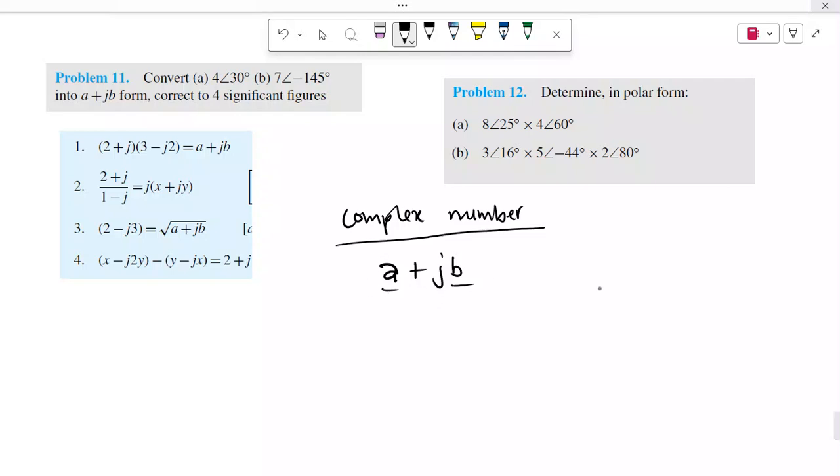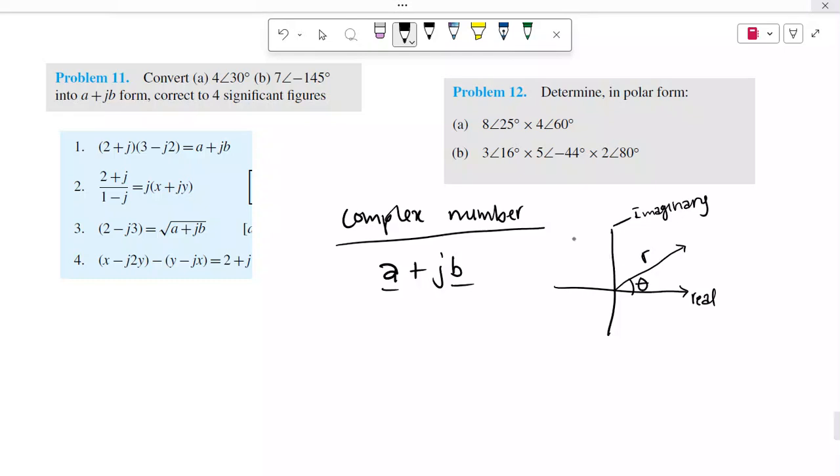We saw how we represent a complex number in polar form: a vector with a magnitude r and an angle theta, where this axis is our real and this one is our imaginary. This is just a recap.